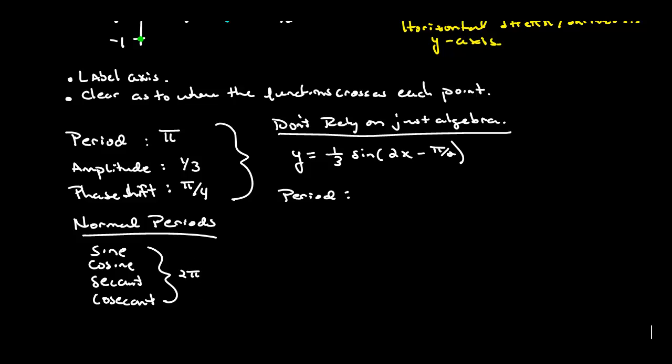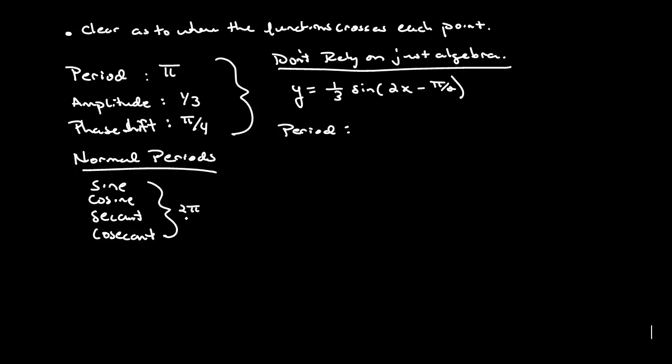The only ones that don't have a normal period of 2 pi are cotangent and tangent. These guys repeat themselves every pi. So to find the period, you take its original period and you divide it by the number in front of your variable. And you notice that we got the same value.